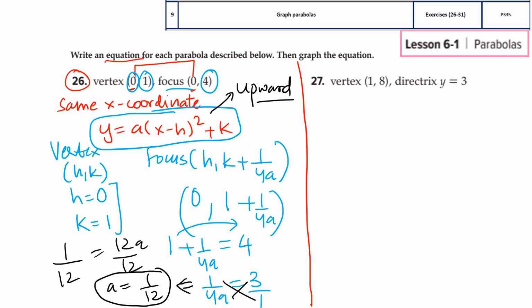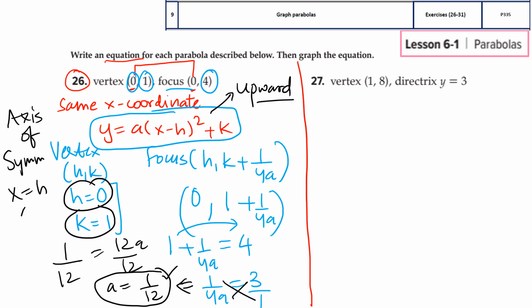So many pieces of information we got. We got the value of h, the value of k, and the value of a also. Now I can also use one more point before we graph, which is the axis of symmetry, so that I know which kind of symmetry this parabola is going to have. The axis of symmetry for a vertical parabola is given by x equal to h, meaning x equal to 0. Now this is nothing but the y-axis.